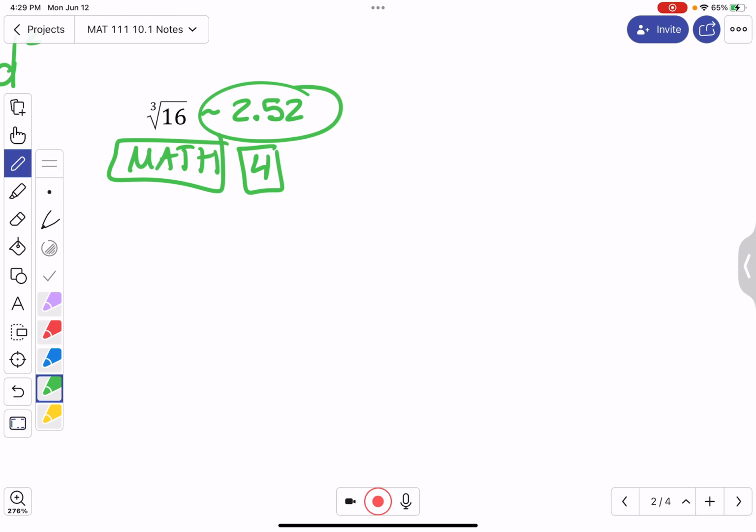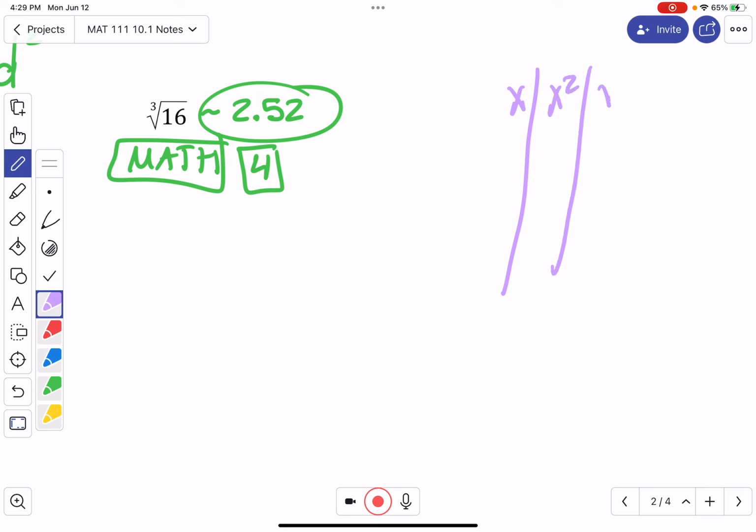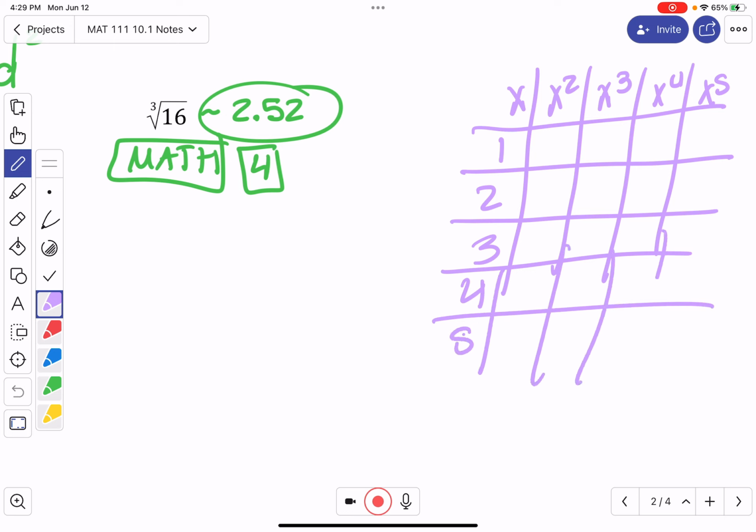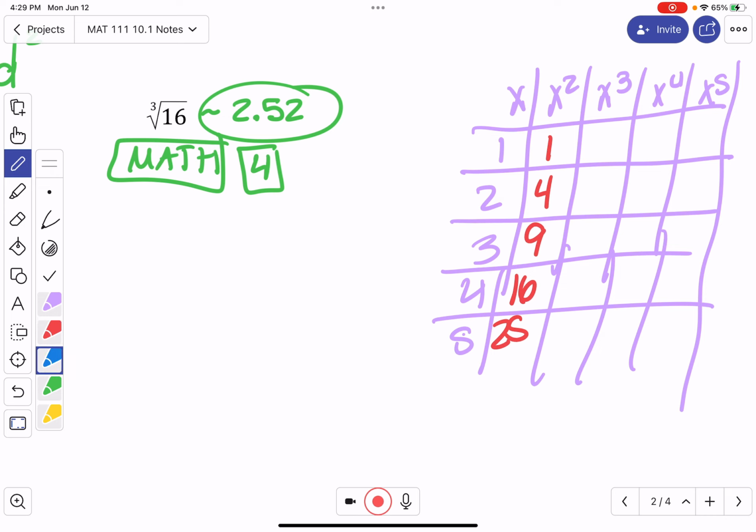Now, one thing I want to show you is you're going to get this chart on the note sheet that goes with the test. So these are our X numbers: 1, 2, 3, 4, 5. And then X squared, like 1 squared, 2 squared, 3 squared, 4 squared, 5 squared, and X cubed.